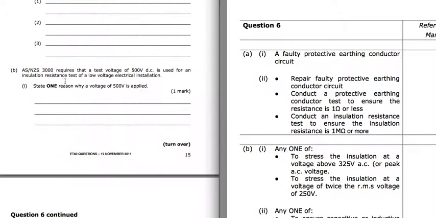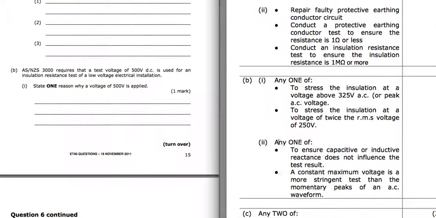Insulation resistance, we use 500 volts DC. Why do we use 500 volts? So it's to stress the insulation, to make sure there's no nicks or cuts or thinning of the insulation, to make sure that it's electrically safe. So we want to stress it above the peak of AC.